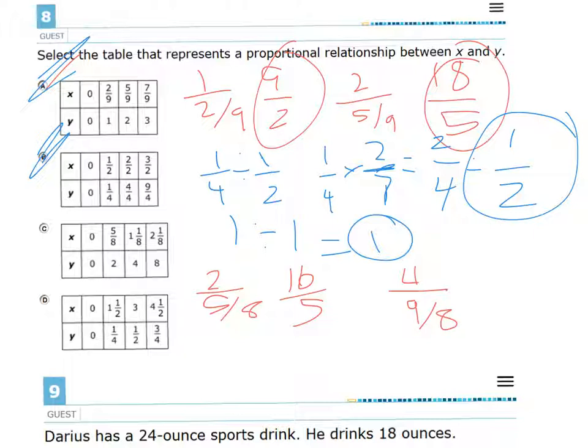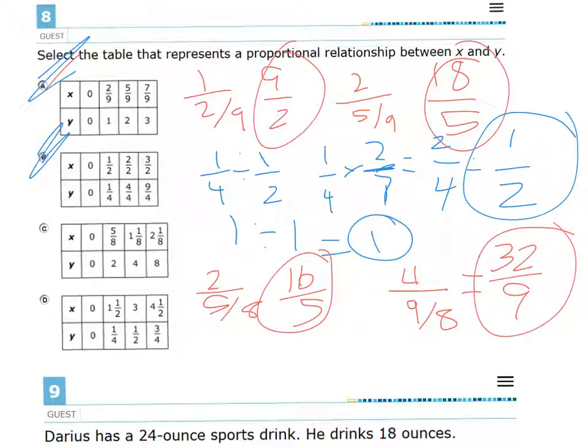So now I'm going to go 4 divided by 9/8, which gets me the answer 32/9. So as you could tell, 16/5 and 32/9 are not the same answer, so that's not a correct answer either.